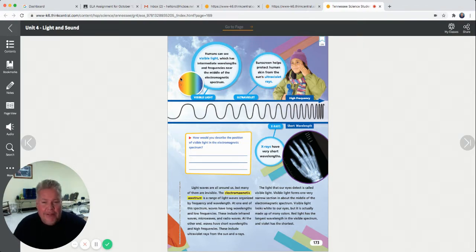Roy G. Biv, red, orange, yellow, green, blue, indigo, violet. So red has the longest wavelength from here to here. This wavelength, remember? And violet, at this end of it, has the shortest. If you ever look at a rainbow, you can find all of these colors from red to violet.